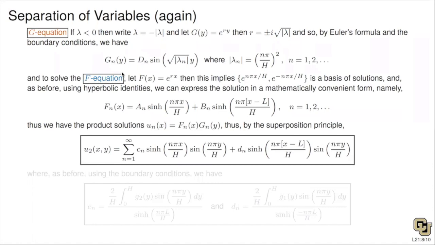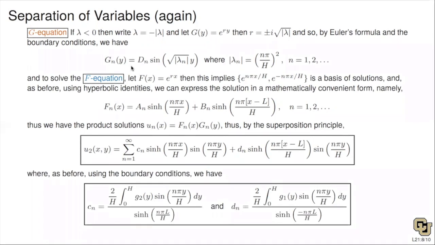So if you look at U2 and U1, they're basically the same, except you have to flip the x's and y's, h's and l's. But it's the same procedure because we have no time domain problem here. We just have two space domain problems. And so using orthogonality, we can solve for the coefficients.